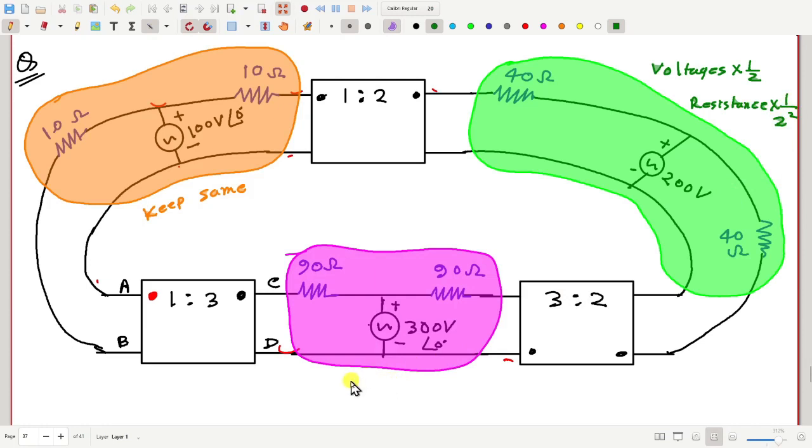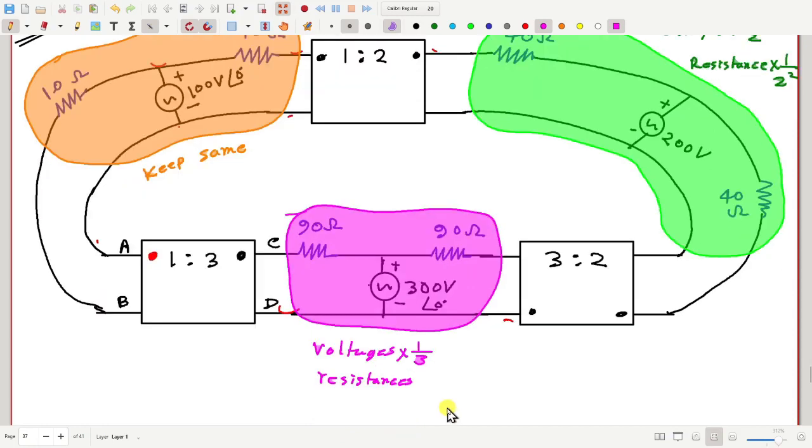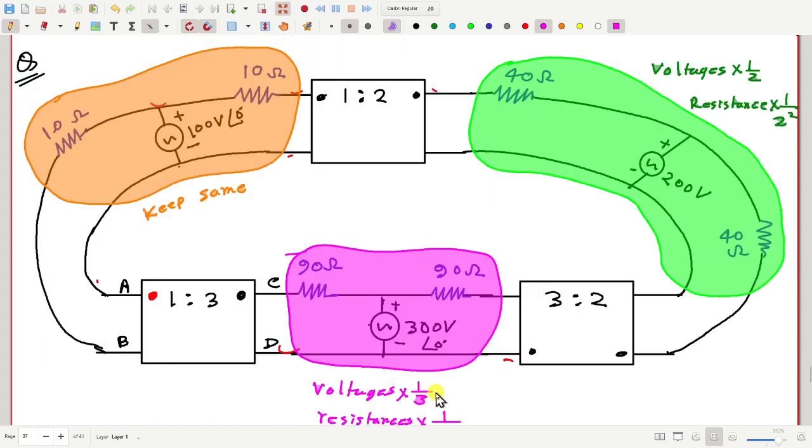For this you multiply these voltages by 1/3 and resistances by 1/3 square, 1/9, and then you connect all of them together.